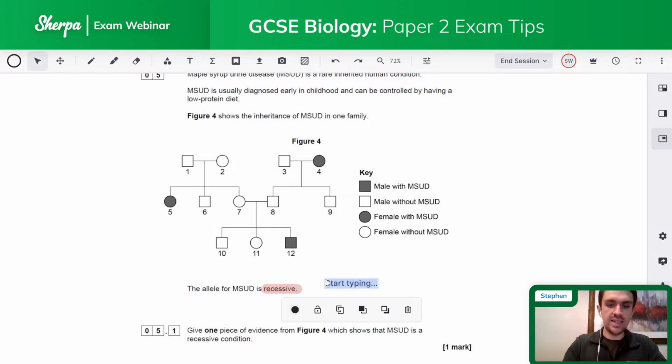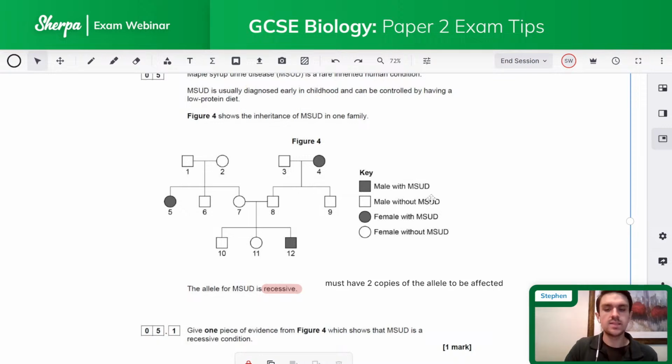It means we must have 2 copies of the allele to be affected, okay? In other words, any of these individuals that are shaded here need 2 copies of that recessive allele to be affected. Remember, you have one allele from your mother, one allele from your father, and they can be different. In this case, if they're both recessive, you will be affected.